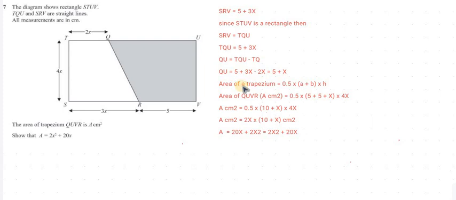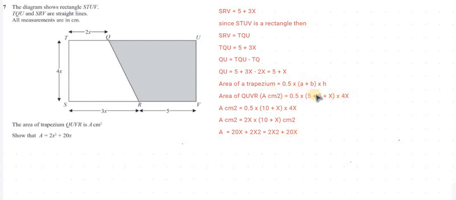And the formula for the area of a trapezium is half, 0.5, times a plus b, which is the top bit plus the bottom bit, times the perpendicular height h, in this case 4x. TS is the same as UV, so that's 4x.